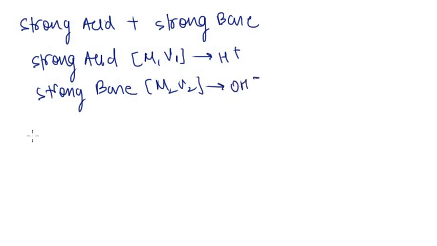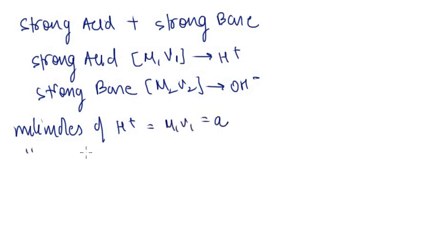So from here we can predict the millimoles of H plus. If the volume is in milliliter, M1 V1 will be A, let's say. And millimoles of OH negative is M2 V2, it is B.